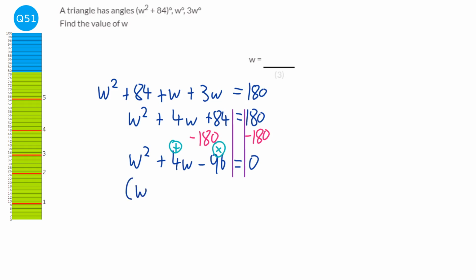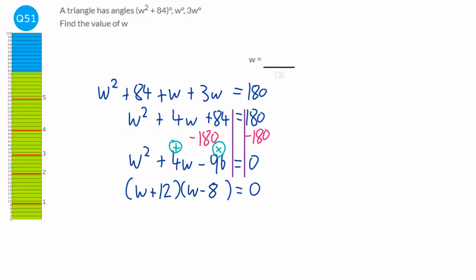The first thing in the bracket would be W. And it's going to be a positive and a negative to get that negative there. 96 is 12 and 8, so it would have to be a positive 12 and a negative 8 to add together to make a positive 4, and 12 times minus 8 is minus 96.